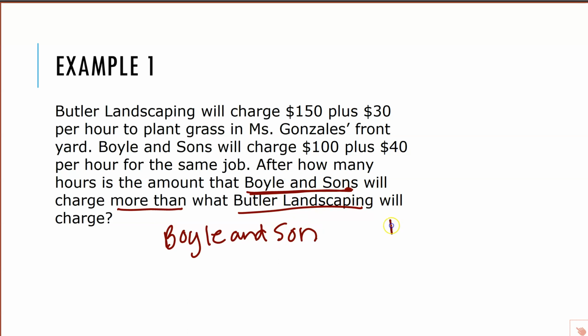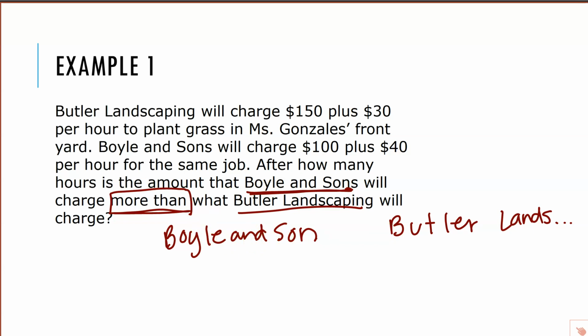And then on the other side, I'm going to write Butler Landscaping. All right, now in the middle, it says more than. So Boyle and Son will be more than Butler Landscaping.